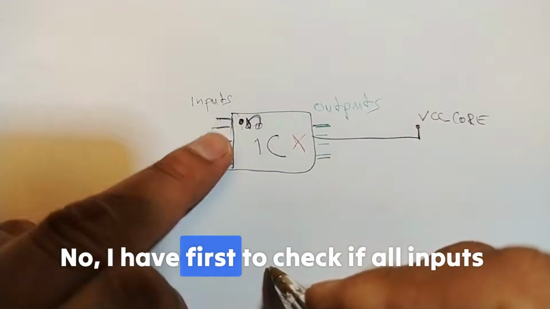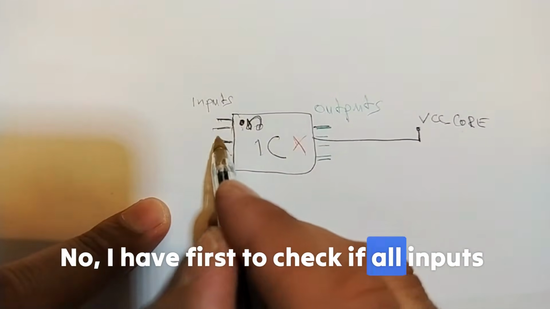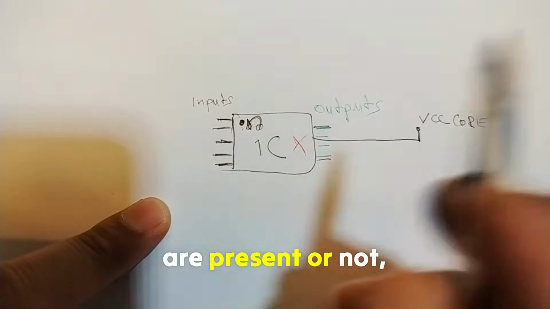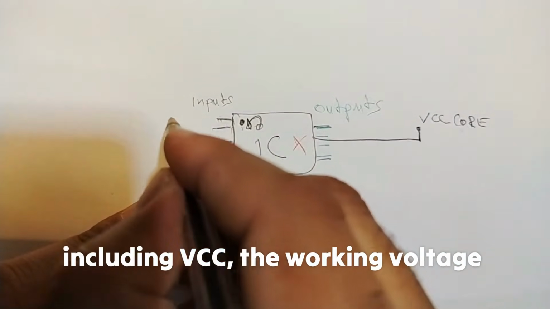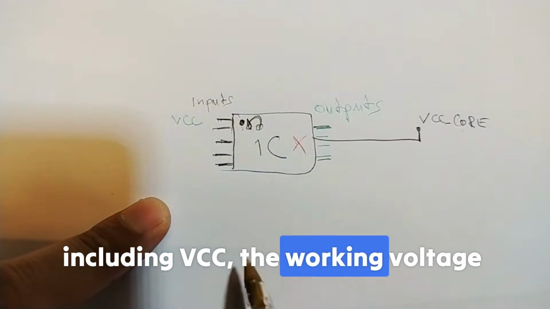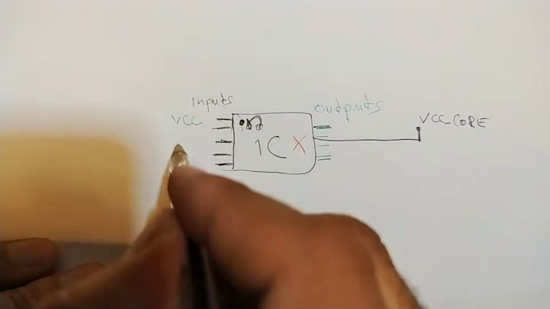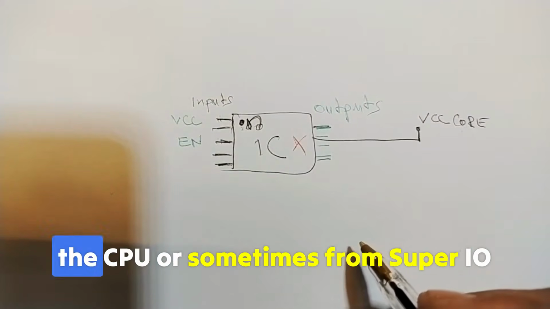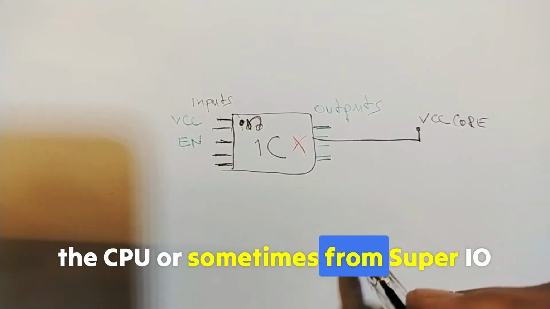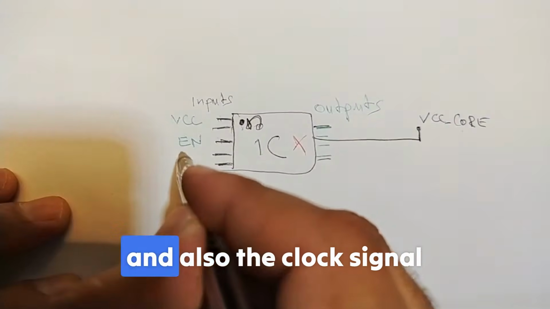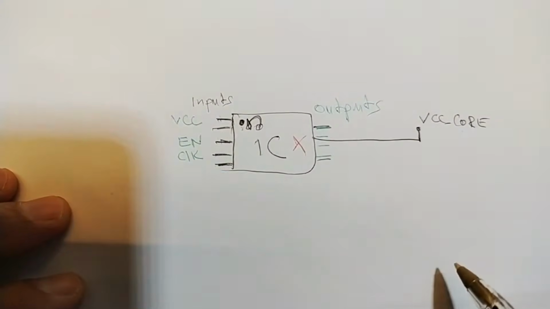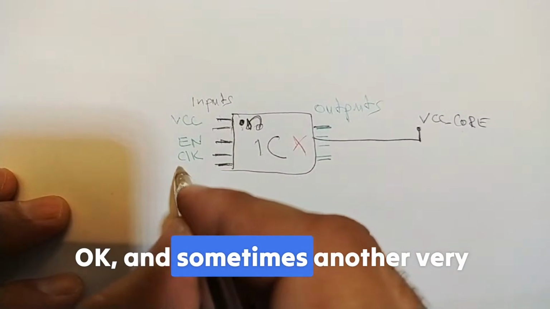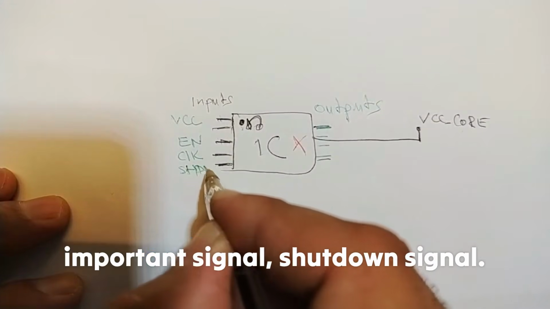No, I first have to check if all inputs are present or not, including VCC, the working voltage for the IC, including the enable signal, sent from the CPU or sometimes from the Super I/O, and also the clock signal, okay, and sometimes another very important signal, the shutdown signal.